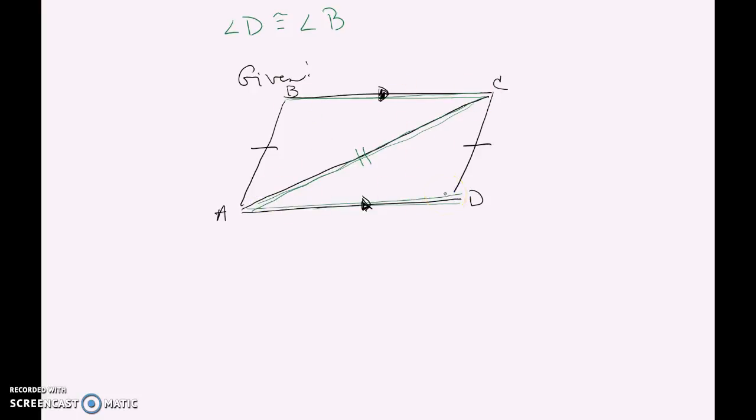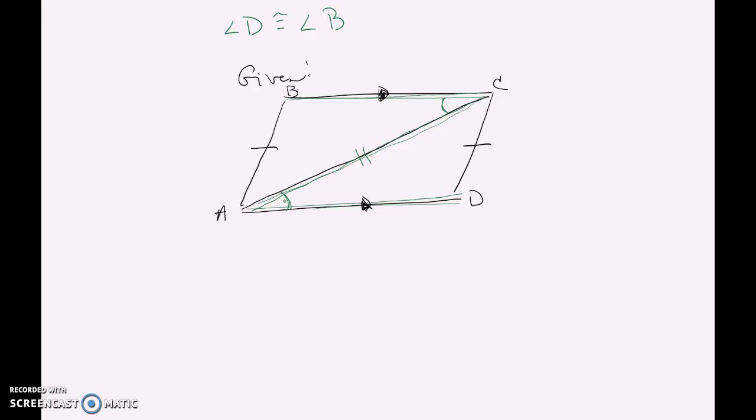And the reason I do that is because if I see the letter Z hidden inside the picture, then that transversal tells me that I have alternate interior angles that are congruent. So I get to mark this congruent to this, and that's just an old postulate from parallel lines and transversals back in the day.